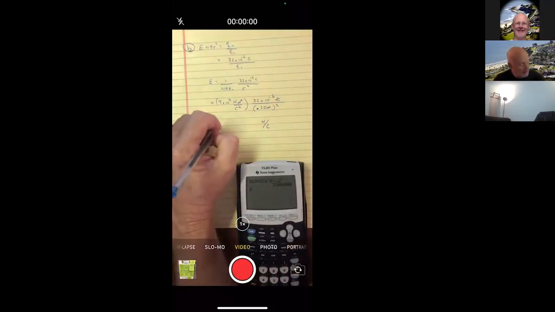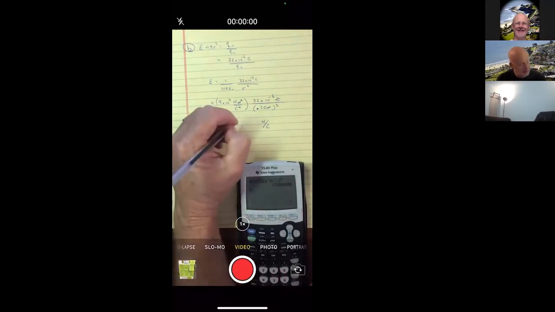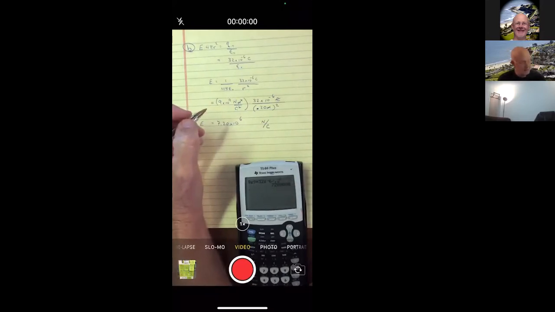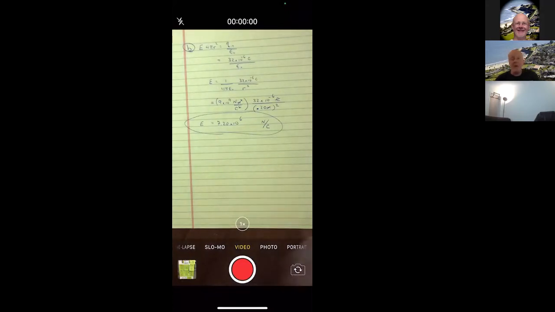And I get 7.2 times 10 to the 6th. Yep, double check. And so 7.2 million newtons per coulomb would be the electric field.